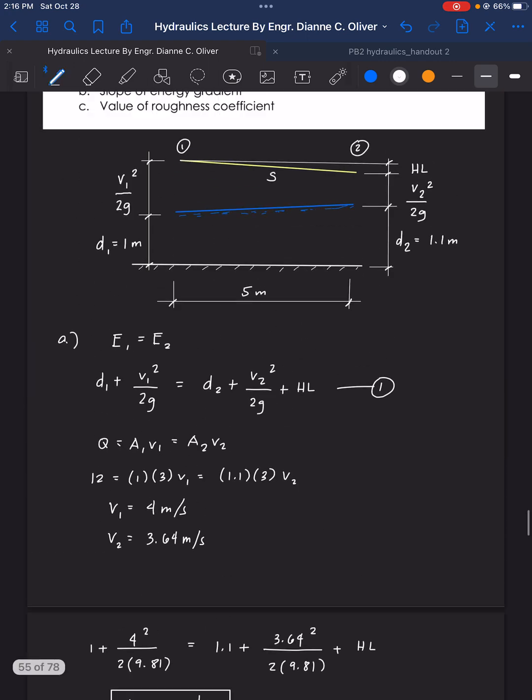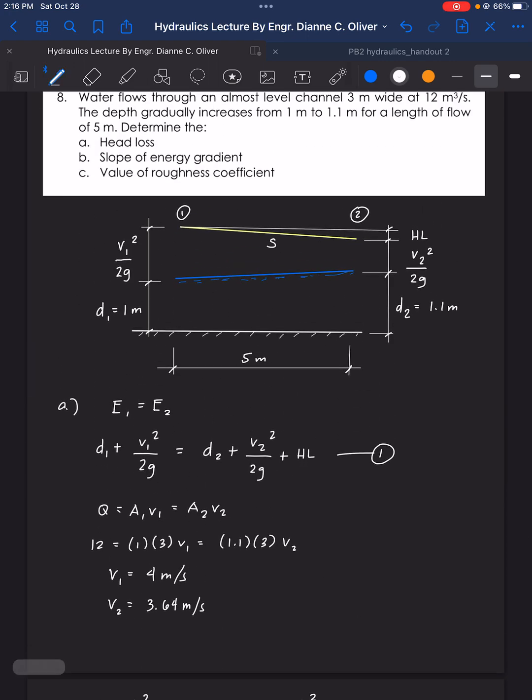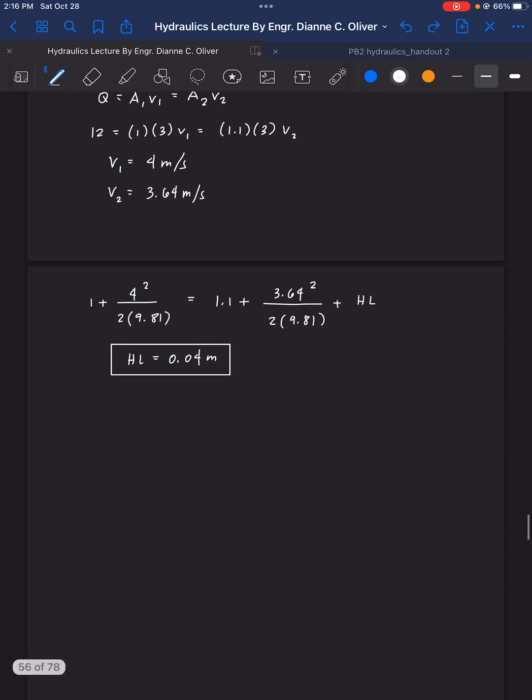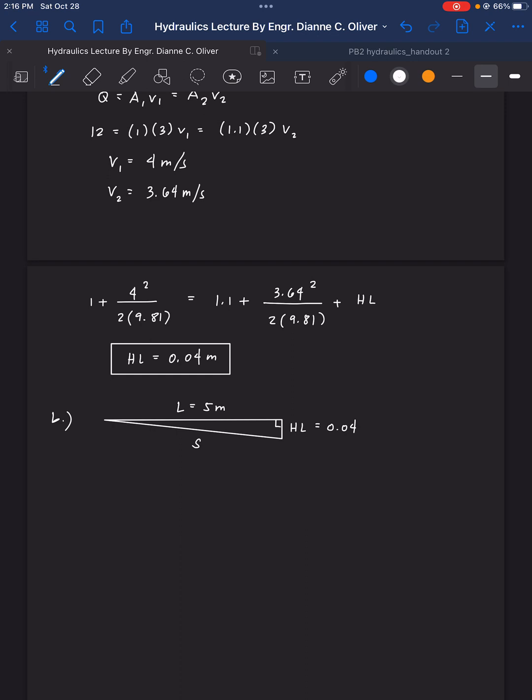Now for letter B, we're looking for the slope of the energy gradient. From the figure, there is a triangle that is formed. So the length here is equal to 5 meters. The slope is unknown, but we have the value for head loss of 0.04.